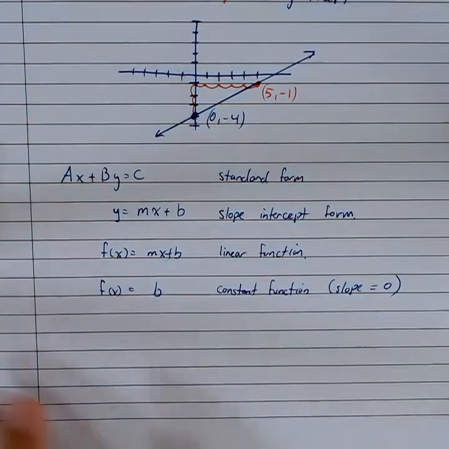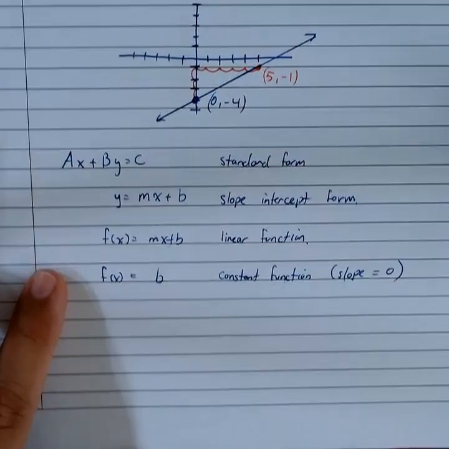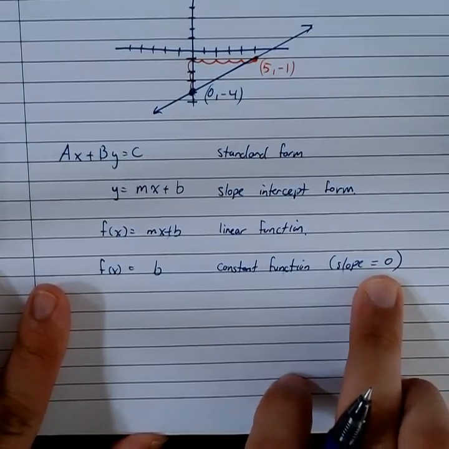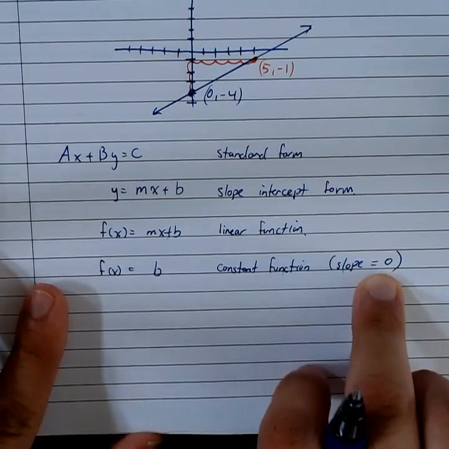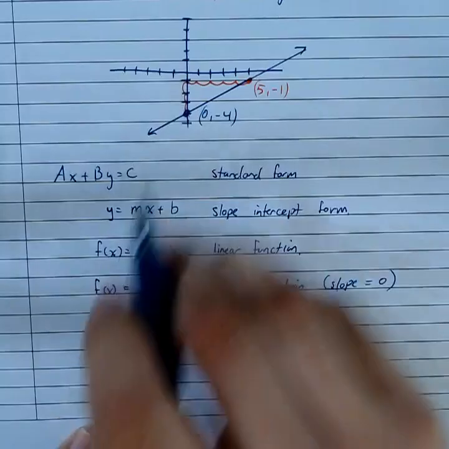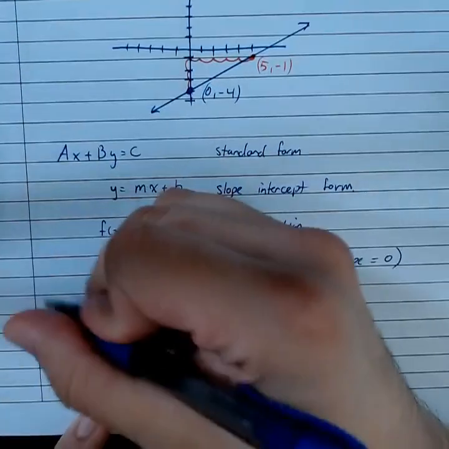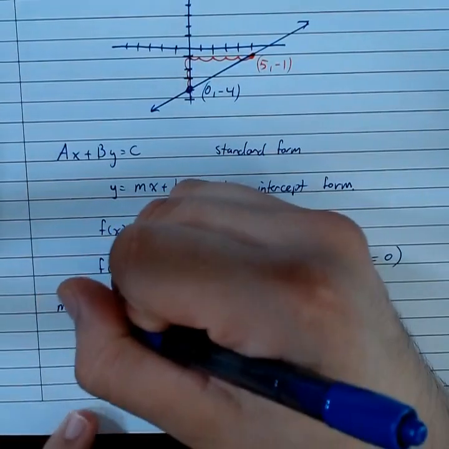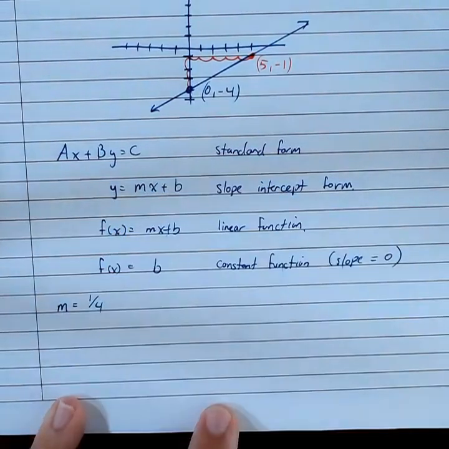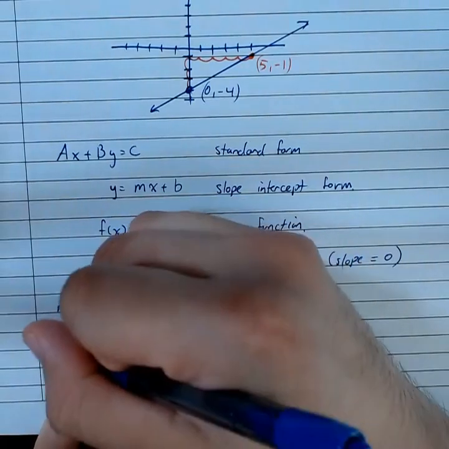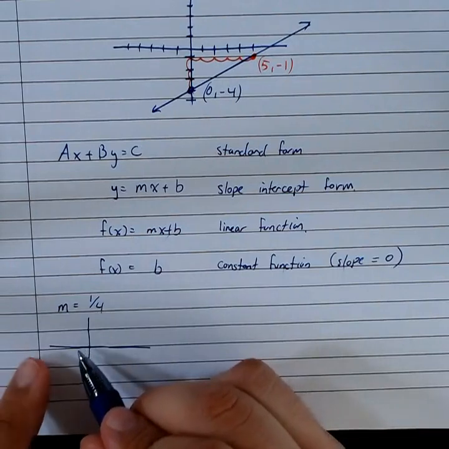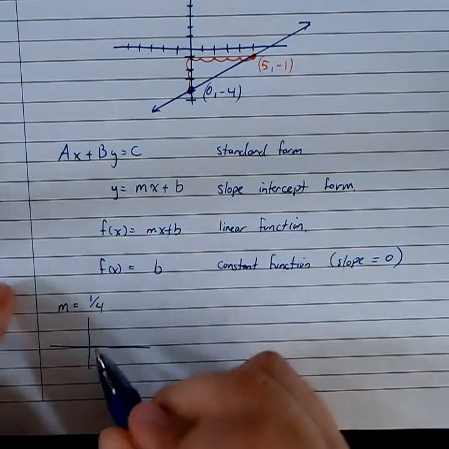Okay. So this summarizes the different forms that we've seen. Our slope can be 0, but it's usually not. Usually it's going to be positive or it's going to be negative. What the slope gives you is a direction. If you have a slope that is positive, and it's a very small number, let's say 1/4, then your graph is going to have a positive slope, which means that it's going to move from lower left to upper right.